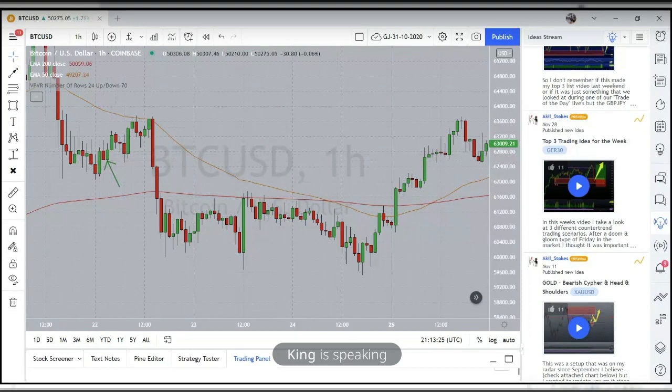Triple, the hammer. Let's see if we can find a hammer candlestick pattern.